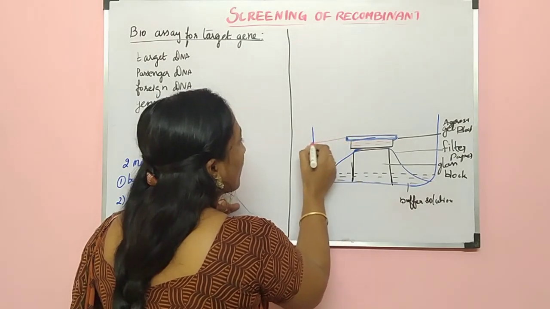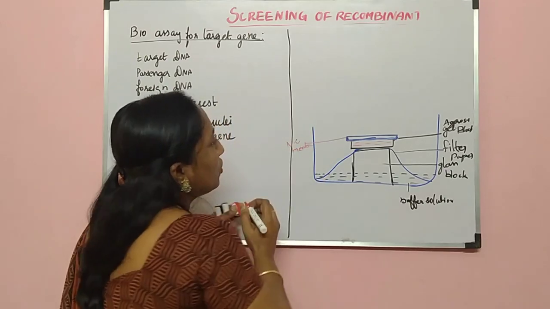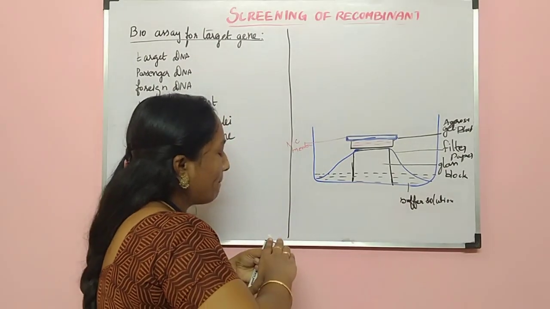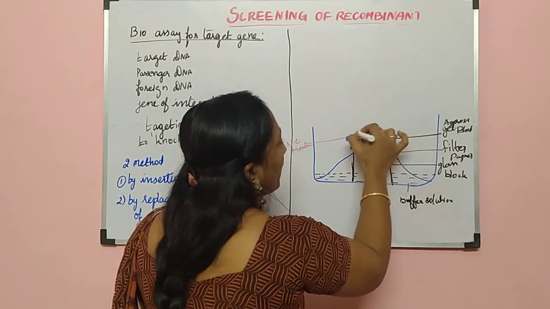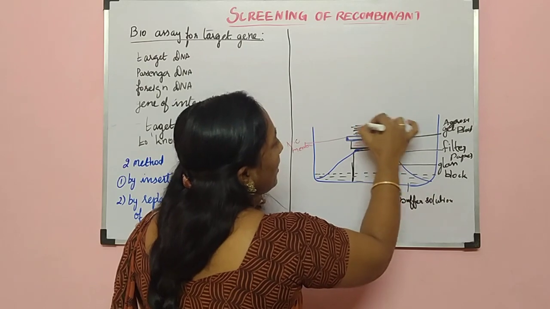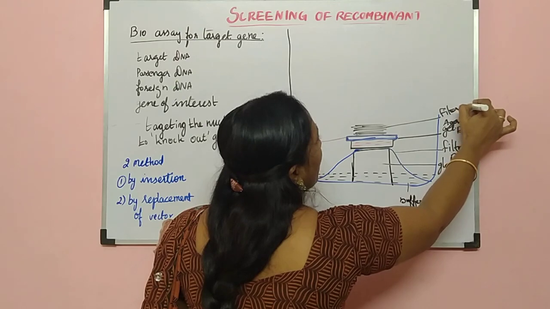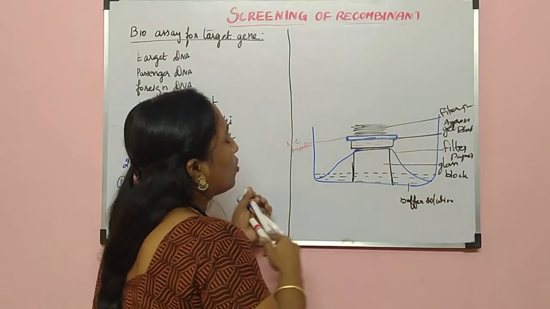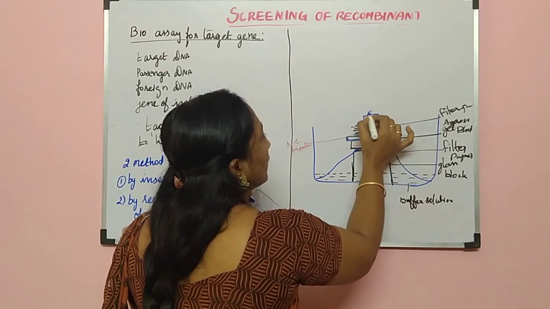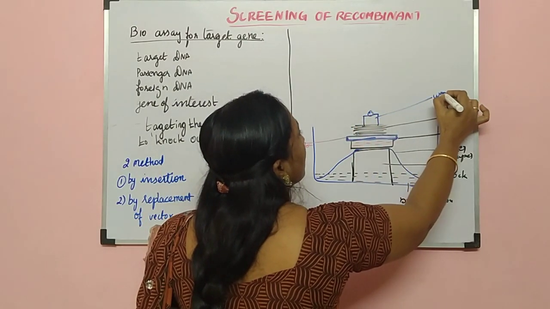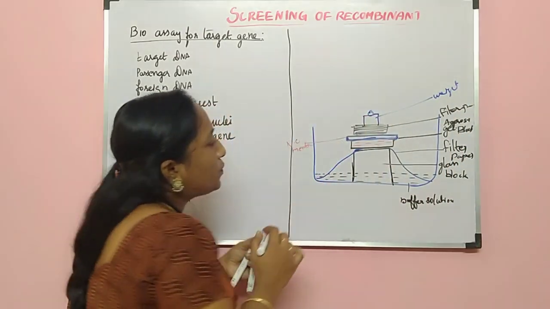Above that we have to keep some tissue papers or filter papers, for some layers, and then we have to place a weight over it. By this process, what happens?